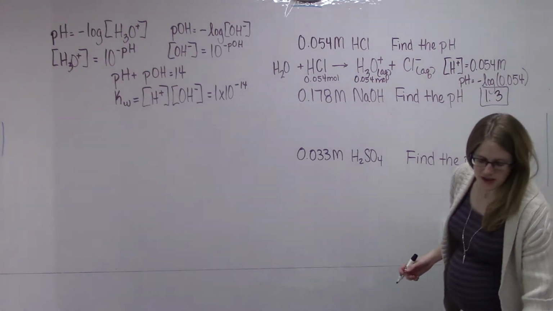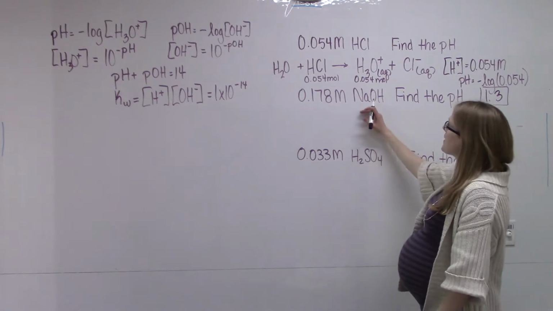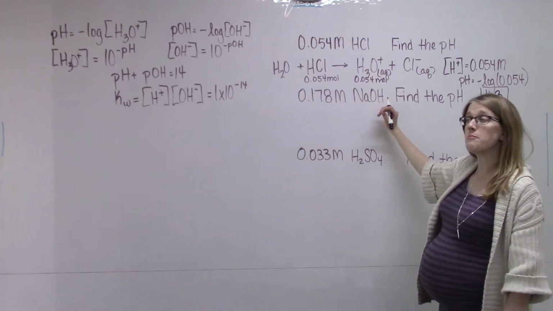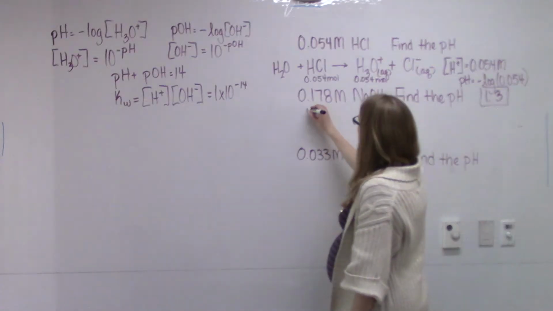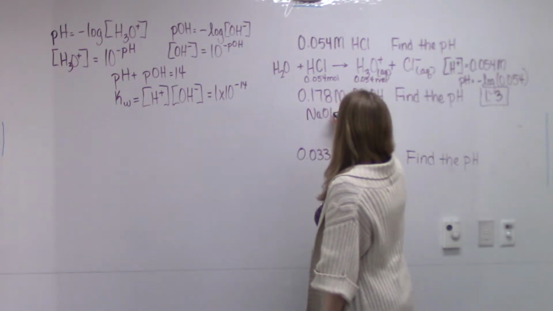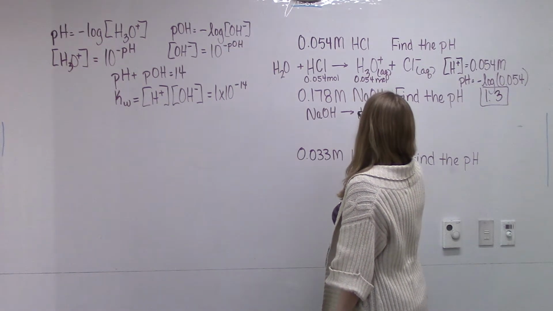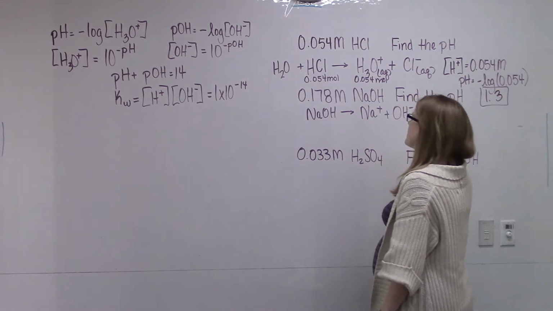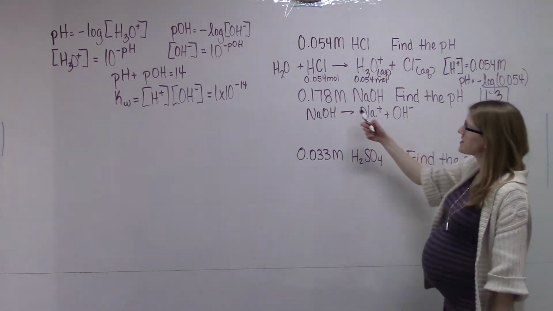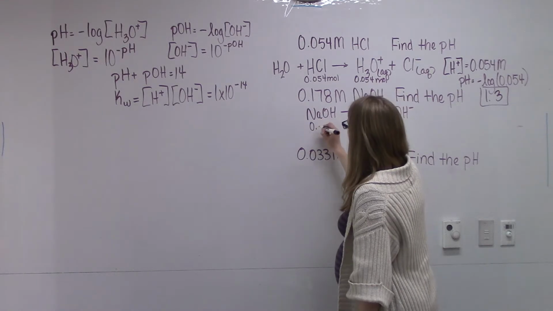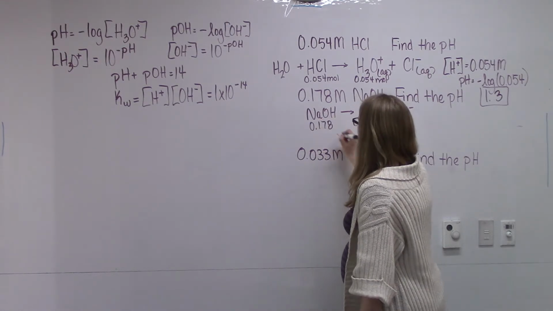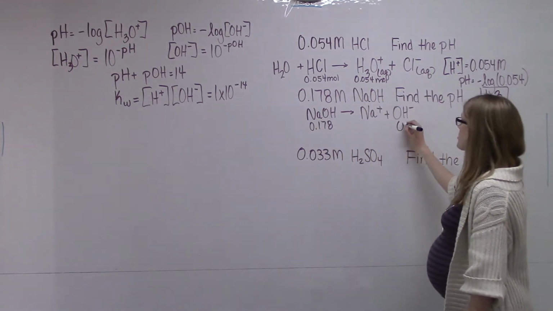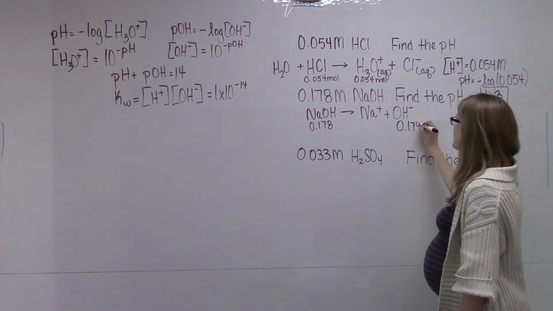Okay? Now let's look at this next one. Do we see that we have NaOH here? This is a base. So NaOH is a strong base. In solution, it turns into Na plus and OH minus. So that means that this is our concentration of NaOH, but it is also our concentration of OH minus.